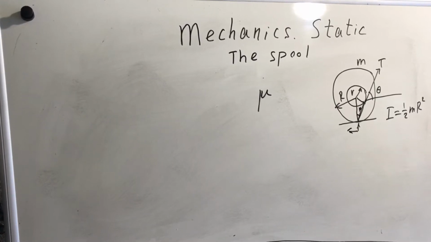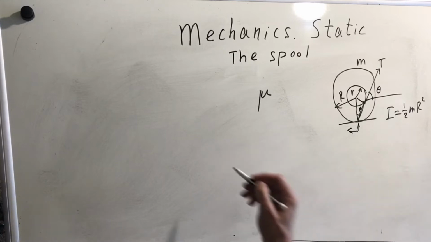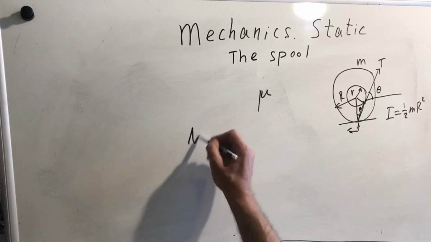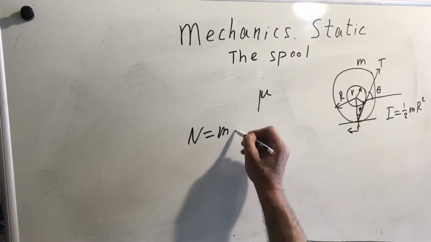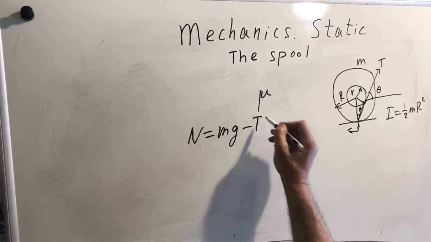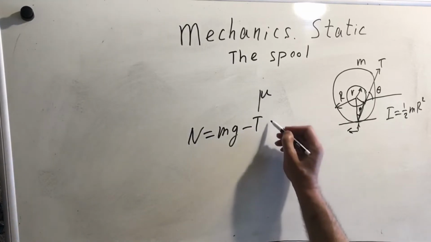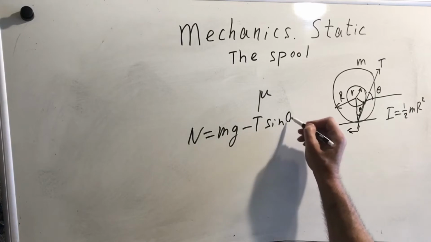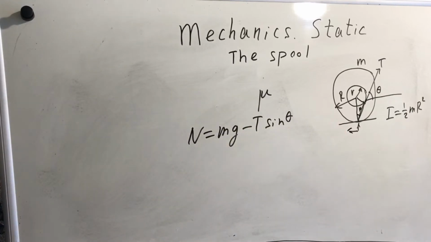So let's write the equations. First we can write the equation for the normal force. We have normal force equal to mg minus tension multiplied by sine theta. And also we can write the condition for which the force of friction is good enough not to move this construction.